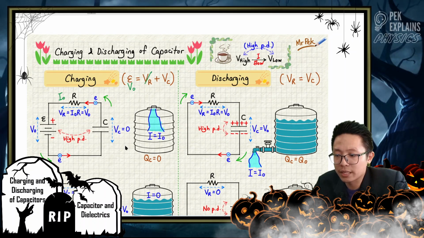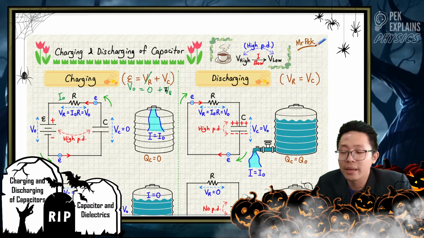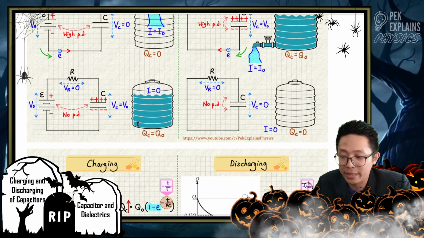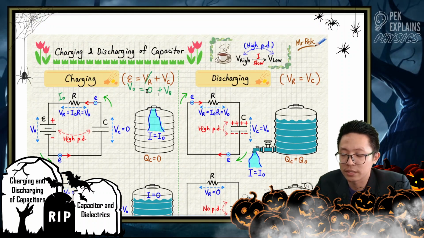So now our VR becomes zero, because our VC has already become the maximum voltage. Do you see that? The capacitor now inherits all the voltage. So the voltage across the resistor becomes zero because the capacitor has already taken up all the voltage from the battery.